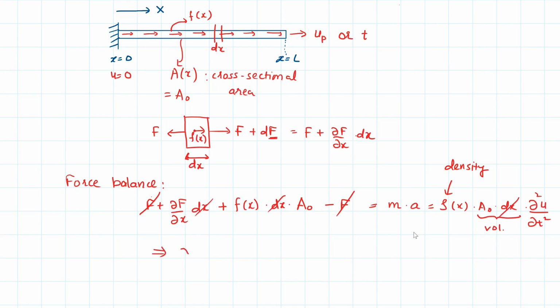Then we end up with partial of F with respect to x plus the cross-sectional area times the distributed force is equal to the density as a function of x times the area times the acceleration.